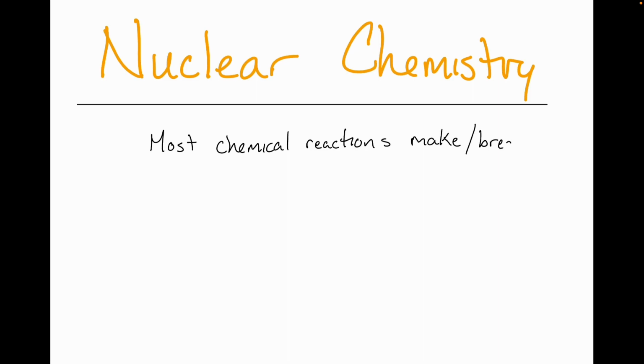And what are bonds made out of? Electrons, right? So in chemistry, most chemical reactions are really just about shuffling electrons around, changing which atoms are bound to who, right? So by making and breaking bonds, bonds are made of electrons.